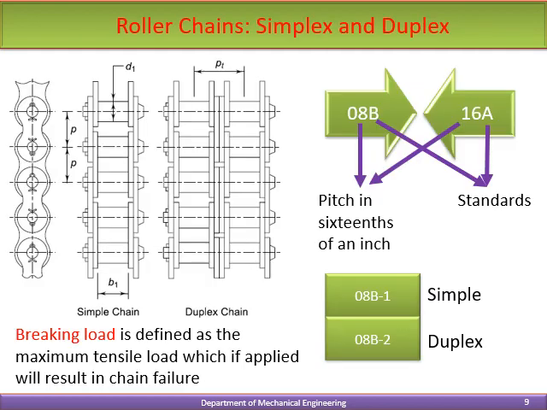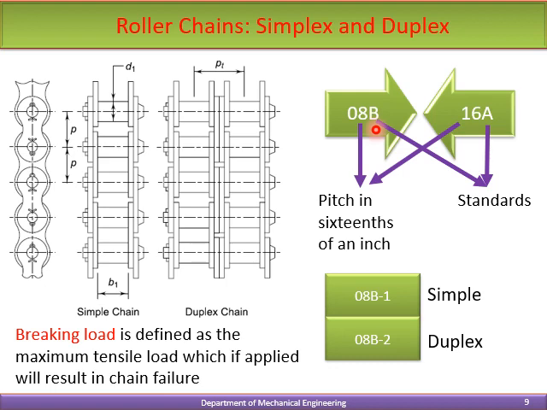Here in this slide, we are going to explain how the ISO chain number is specified. Here we have some numbers specified, 08B and 16A. The chain number, like 08B or 16A, consists of two parts: the number followed by a letter.